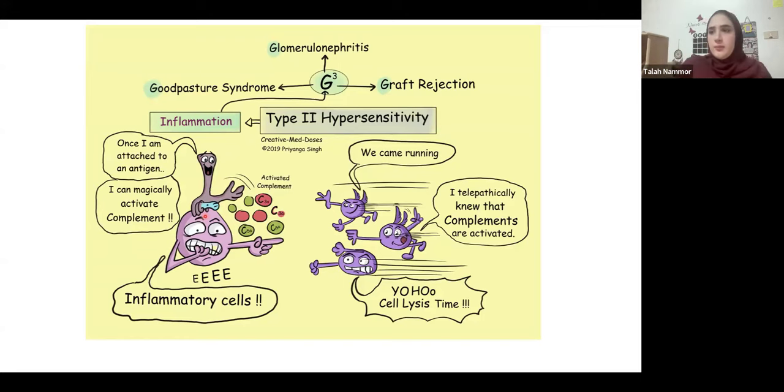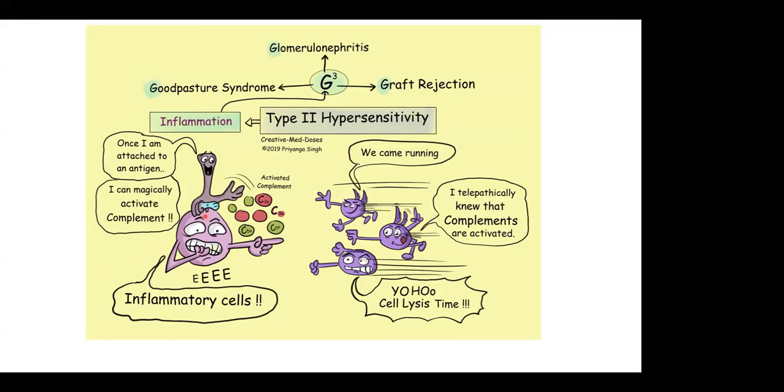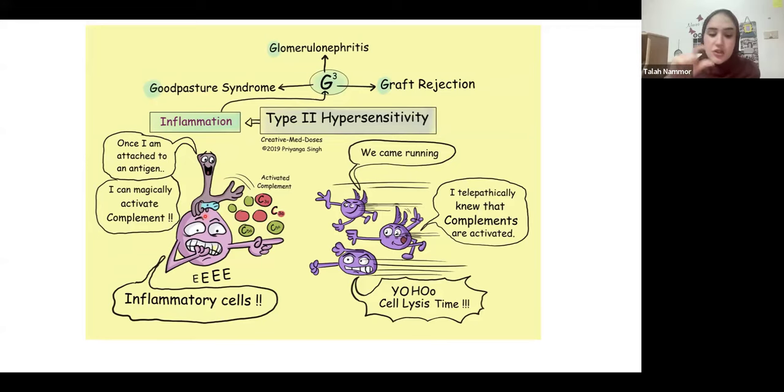By molecular mimicry, we mean, for example, this strep pyogenes. I don't know if you guys took this, but it has a virulence factor which is called the M protein. Do you know that? Did you take this? Yes, we did. Okay, slay. Now the structure of the M protein is kind of like the structure of our heart, in a way.